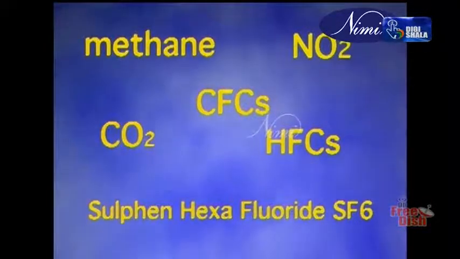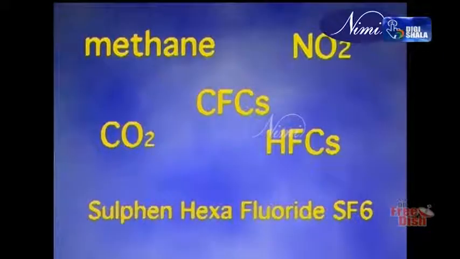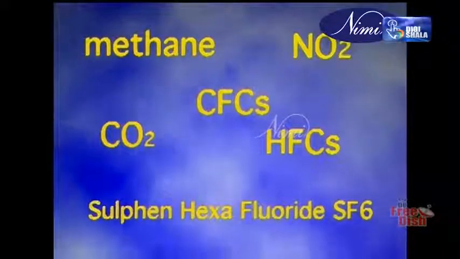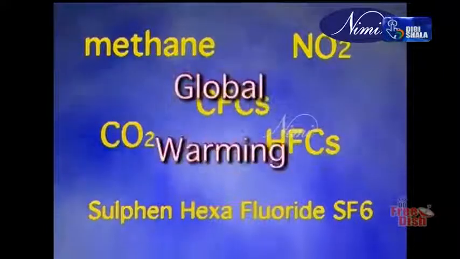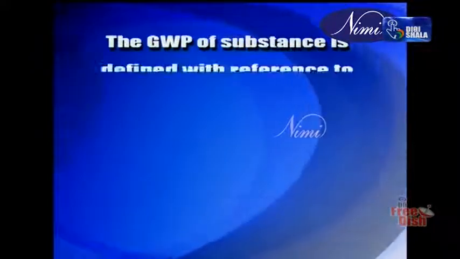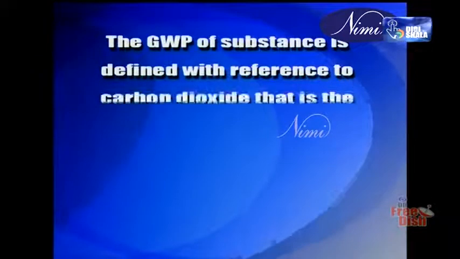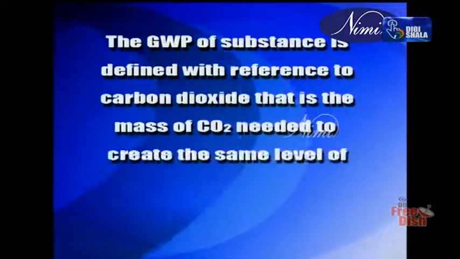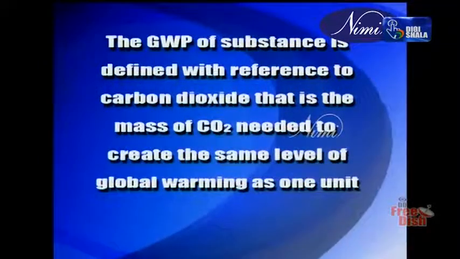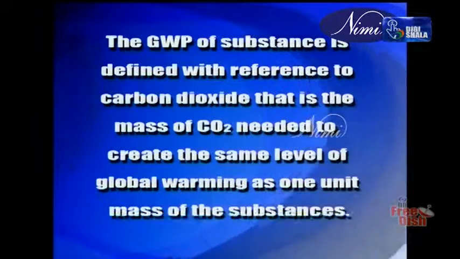They absorb some of the solar radiation reflected from the Earth's surface and cause the Earth's surface temperature to rise, a phenomenon known as global warming. Global warming potential of a substance is defined with reference to carbon dioxide, that is, the mass of carbon dioxide needed to create the same level of global warming as 1 unit mass of the substance.